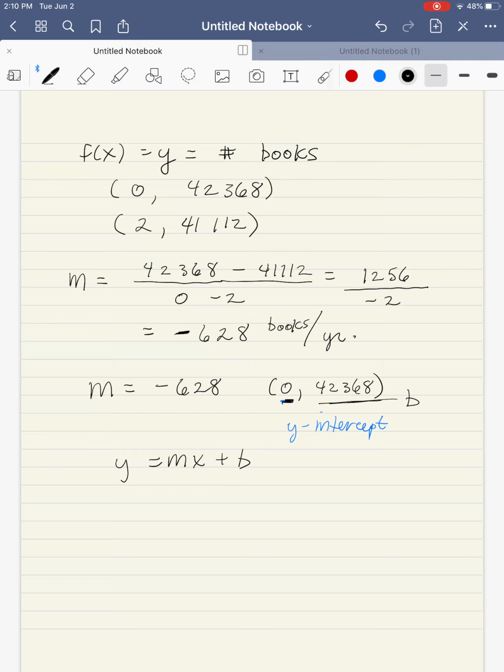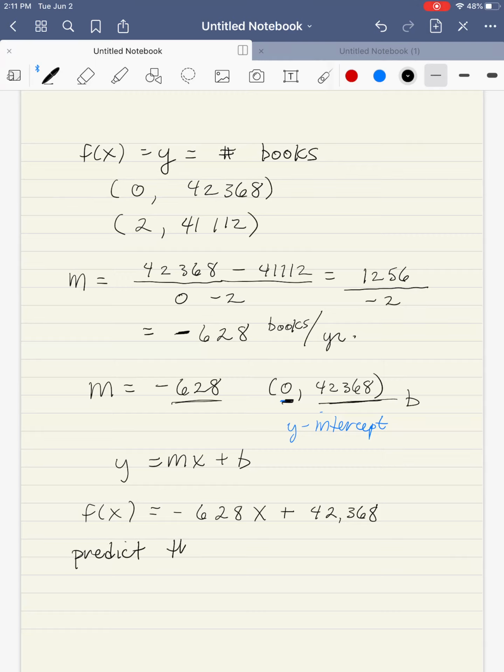So this is going to be my b, the y-coordinate of my y-intercept. This is my m, my slope. So if I write this in function form, I have f of x equals -628x plus 42,368. And that is a function that models the number of books checked out in a given year.